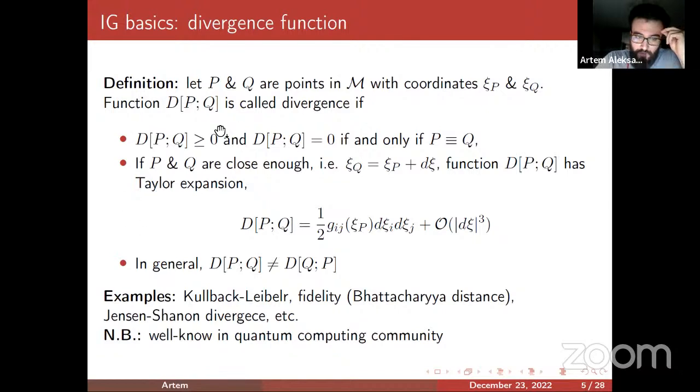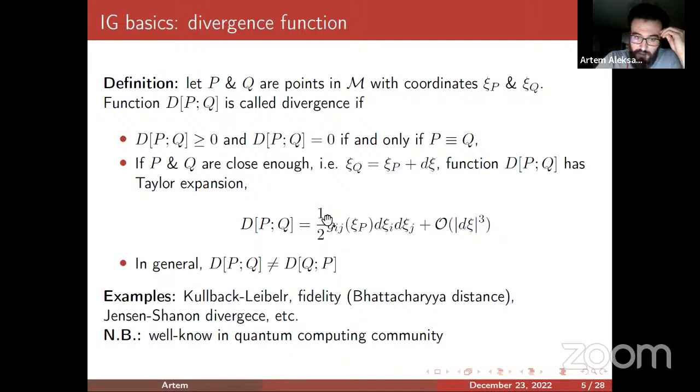First of all, the function D is positive, and it can be equal to 0 if and only if P is equal to Q. And if my points P and Q are close enough, I can expand the divergence function into a Taylor series, and the divergence function has the following Taylor series expansion.